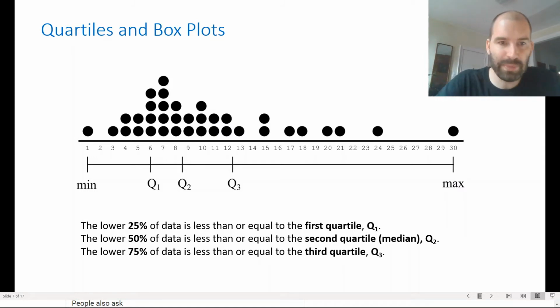There's 25% of the data between the minimum and Q1, 25% between Q1 and Q2, 25% between Q2 and Q3, and 25% between Q3 and the maximum. Because these 3 numbers split the data into 4 parts, we call them quartiles. Quarta is Latin for 4.